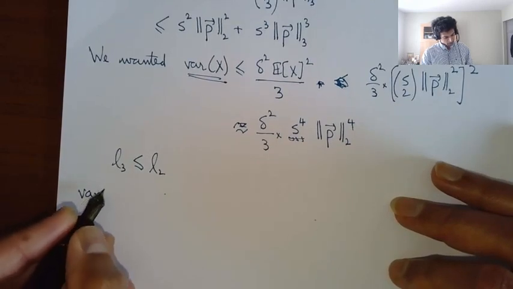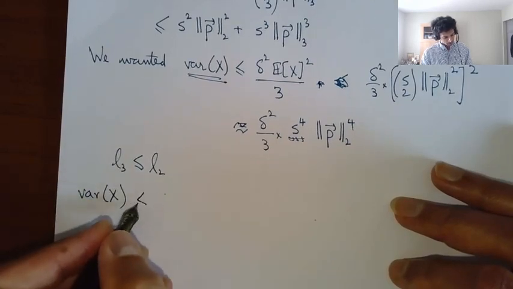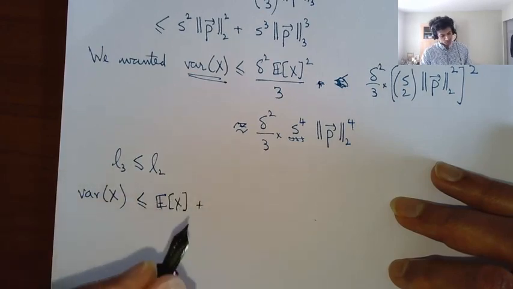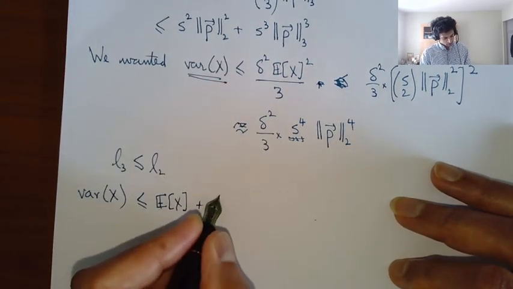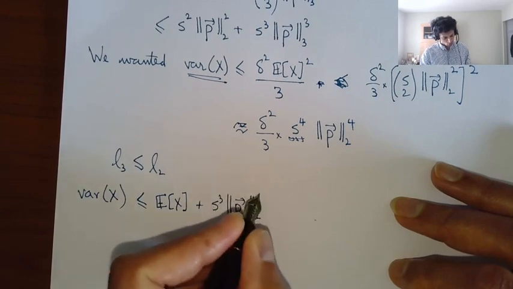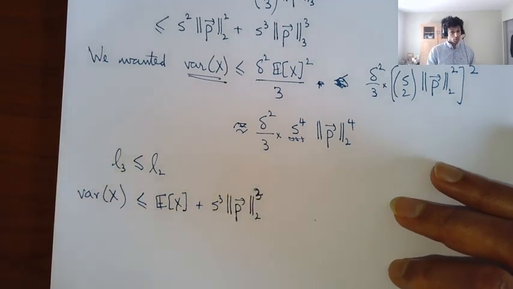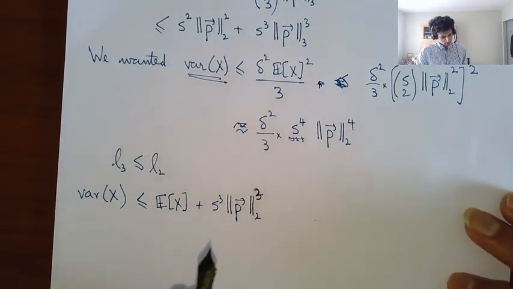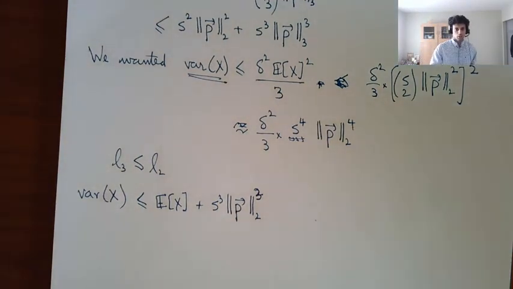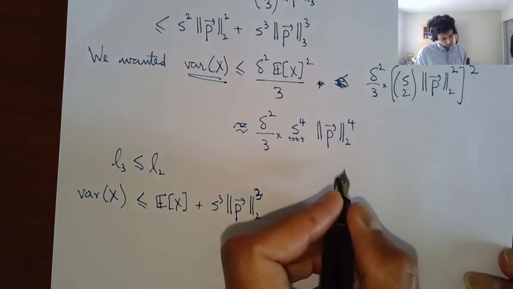And then what we get is that the variance of X is going to be at most the expectation of X plus S cubed times the 2 norm cubed. Okay, now we can do a little bit of back of the envelope calculations to see what the choice of S needs to be.